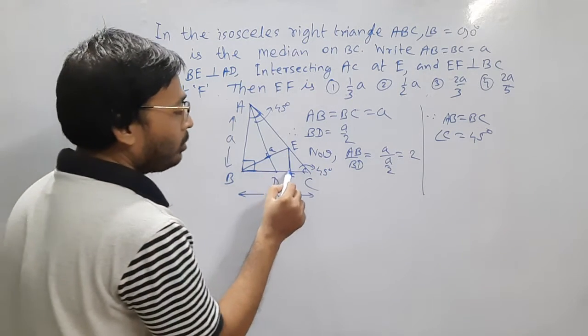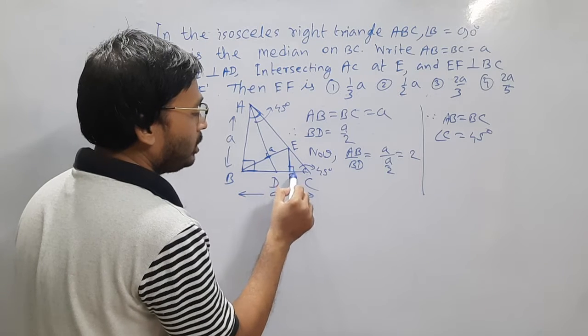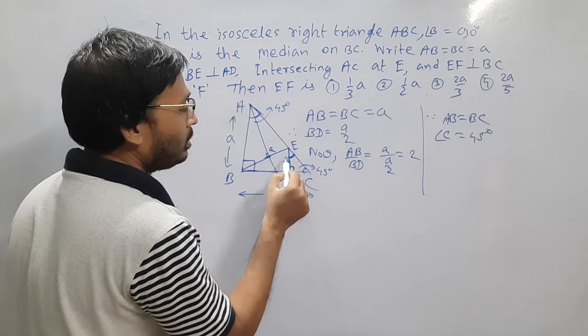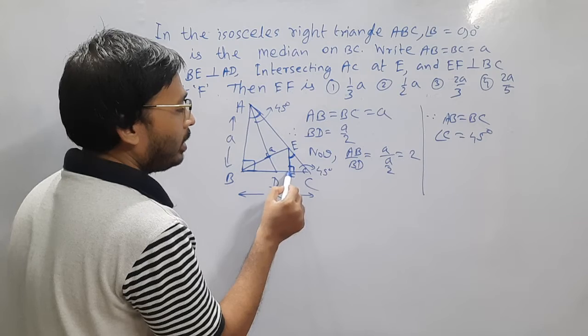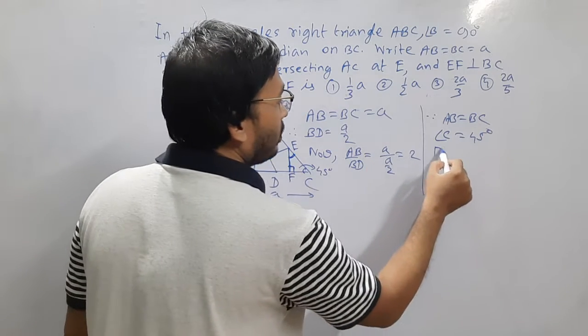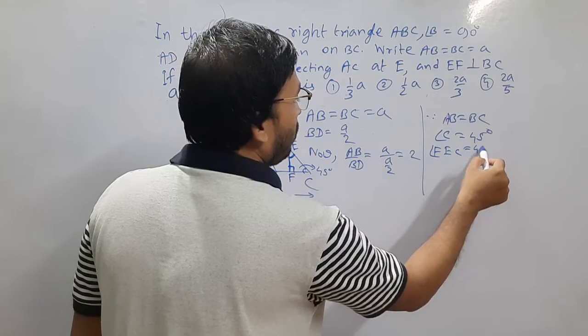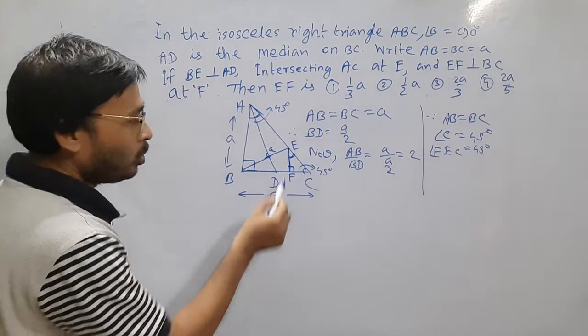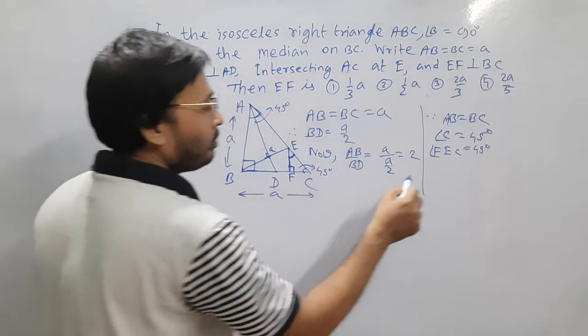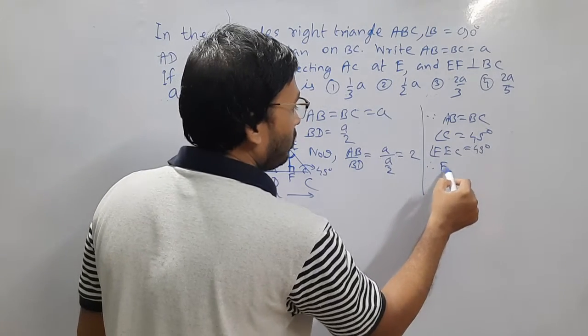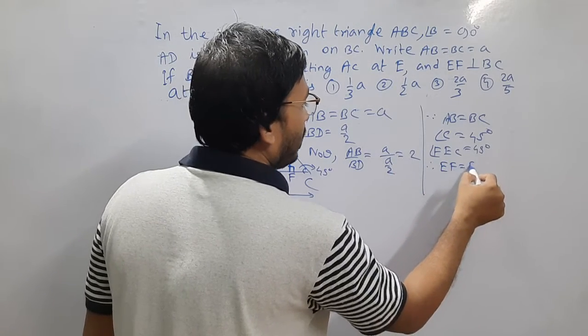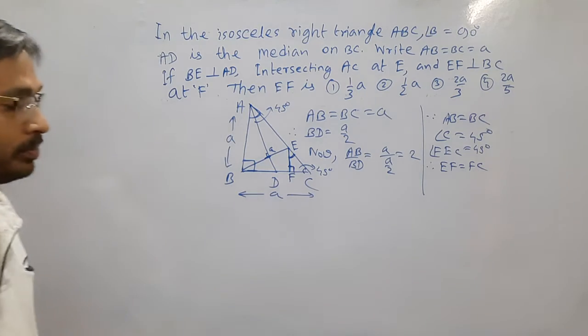And EF is perpendicular to BC, so this is 90, and angle FEC is also 45 degrees. So EF is equal to FC.